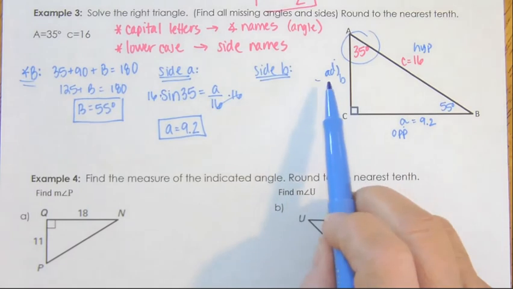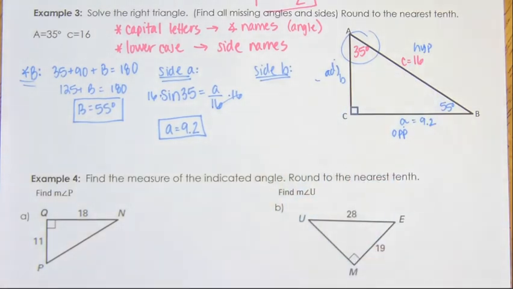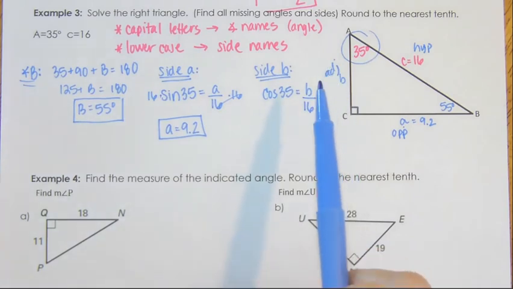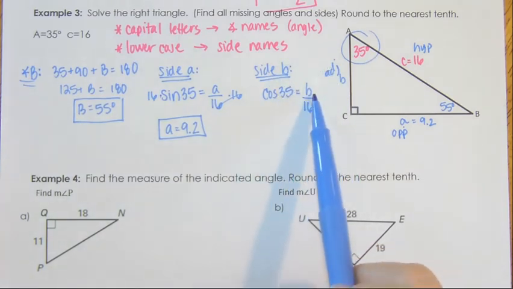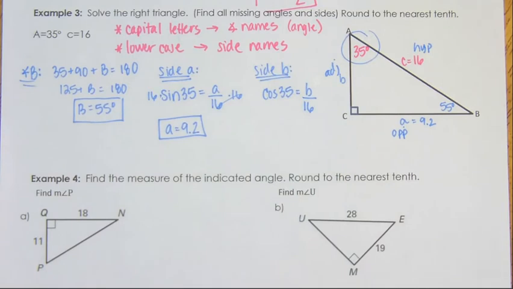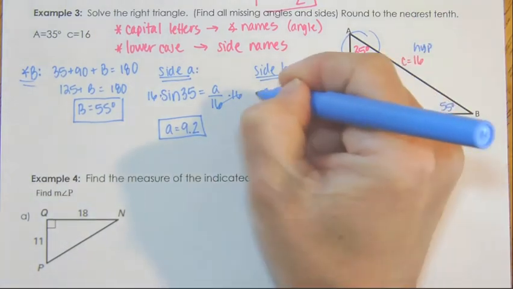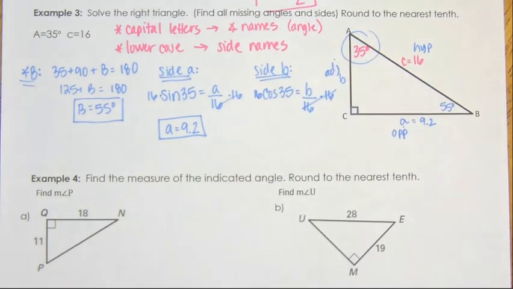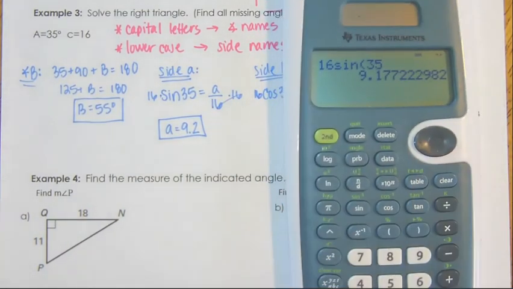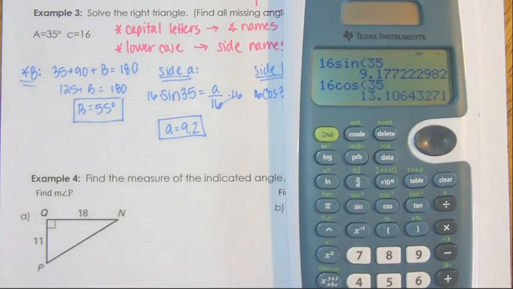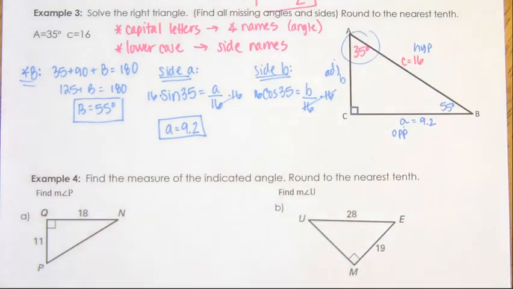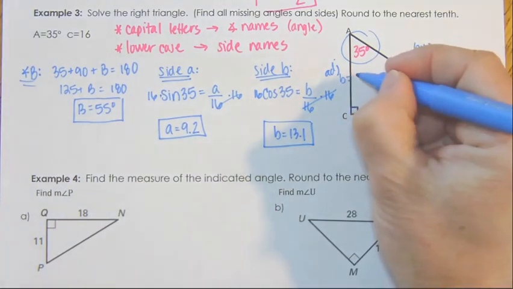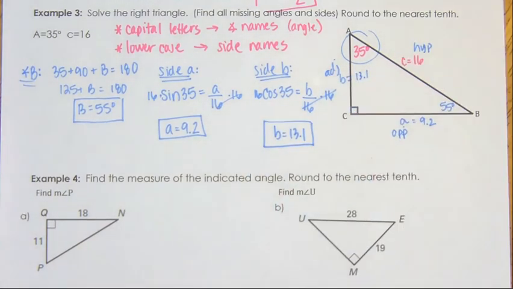So I'm going to use adjacent and hypotenuse, which is cosine. So I've got cosine of 35 is adjacent, which is B, over the hypotenuse, which is 16. To solve this, multiply both sides by 16 and use your calculator. 16 cosine 35 gives me 13.1. Now I have all the missing sides and angles of that triangle.